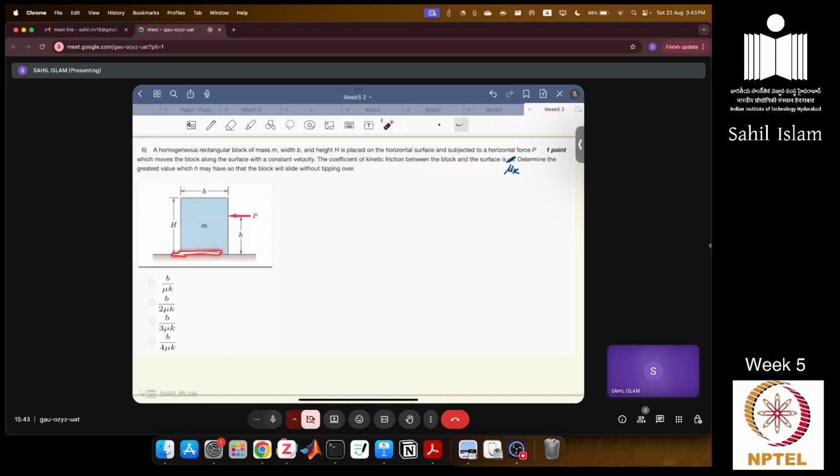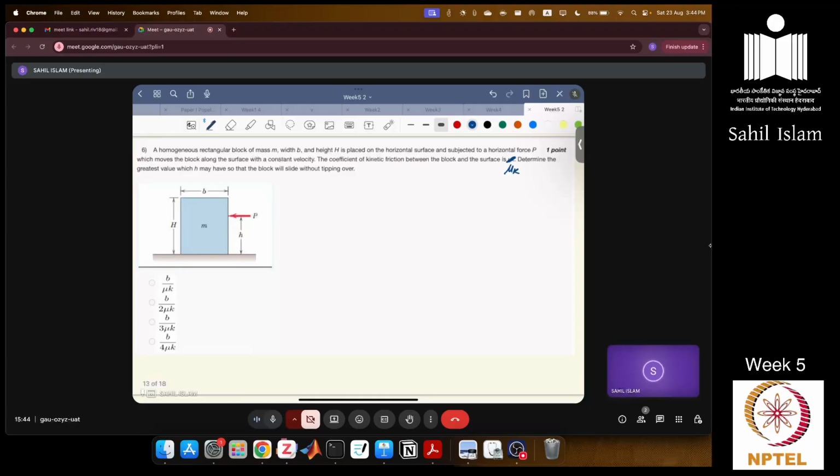So here determine the greatest value which h may have so the block will slide without tipping over. So the block might tip over like this due to this or like this. So what is the height h for it would not tip over?